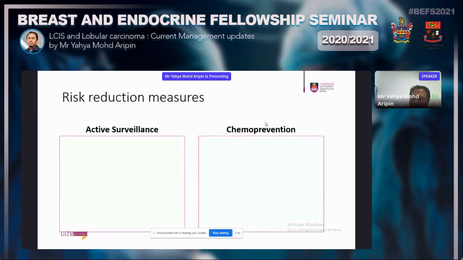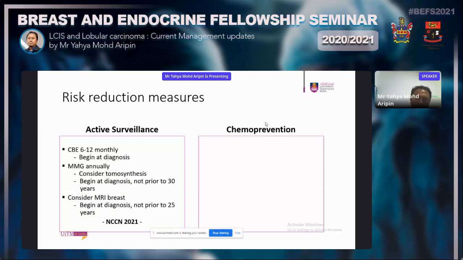Okay, we know that with LCIS, the patient is going to develop invasive cancer in the future. It is more than the average woman. So you need to have some form of risk reduction measures. What we can do, you can see this patient every 6 to 12 months, get the history and examine the patient, and mammogram every year.